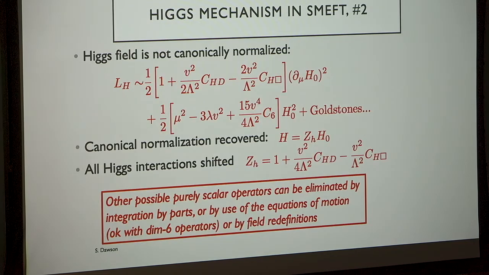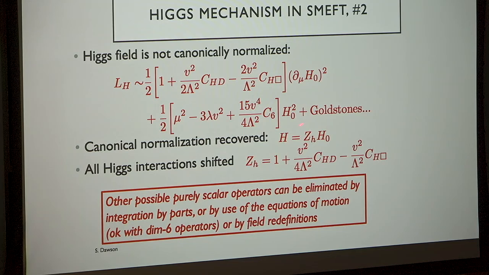Okay, so here's the Lagrangian. Here are the corrections to the kinetic energy of the Higgs. So there's a C_HD piece and the C_H box piece here. And then here we have the H0 squared pieces. So I need to get to canonical normalization, and I always do this in the SMEFT. So I shift the Higgs field so that I get the canonical normalization.